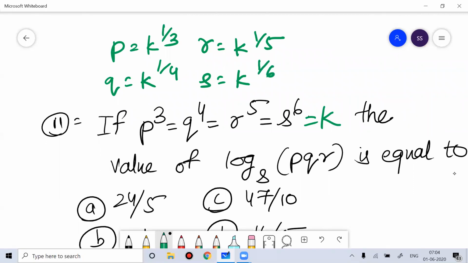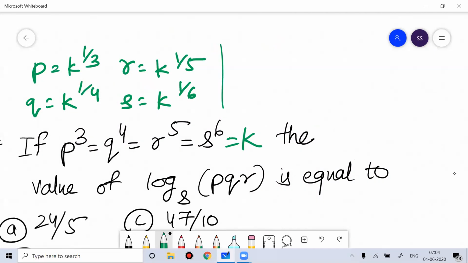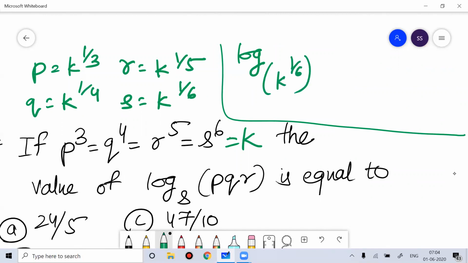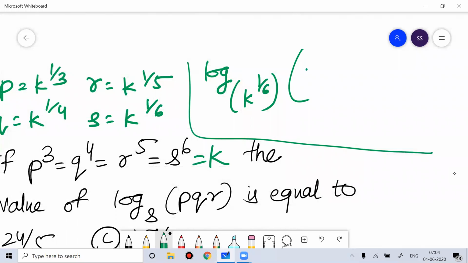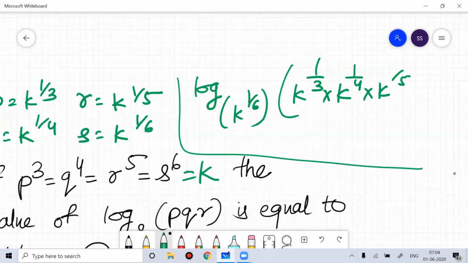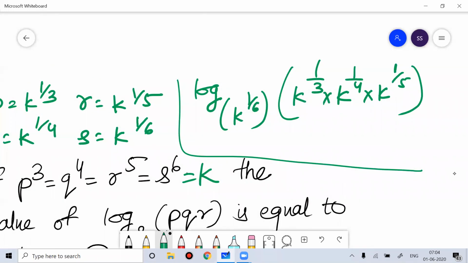So you got the values of p, q, r, s. So log s, you want this, what is s? k to the power 1 by 6. And pqr is k to the power 1 by 3 into k to the power 1 by 4 into k to the power 1 by 5.